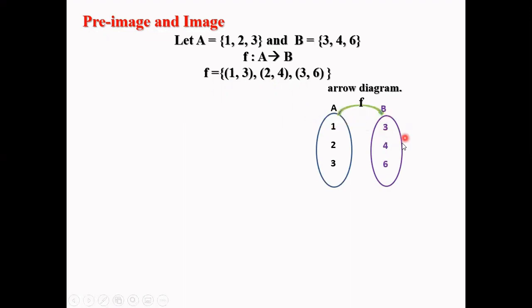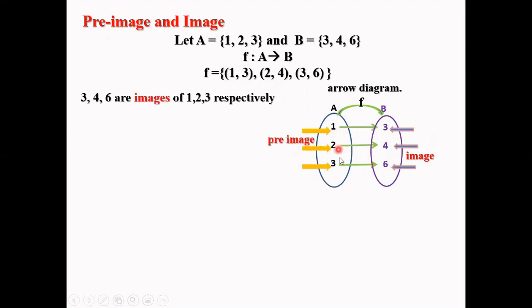The function is from set A to B, representing these ordered pairs with an arrow: 1 to 3, 2 to 4, 3 to 6. 3, 4, 6 are the images and 1, 2, 3 the pre-images. Here, 3, 4, 6 are images of 1, 2, 3 respectively.